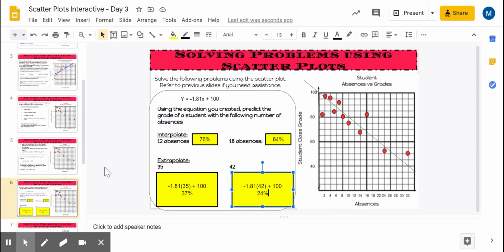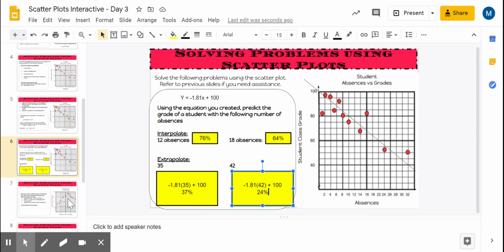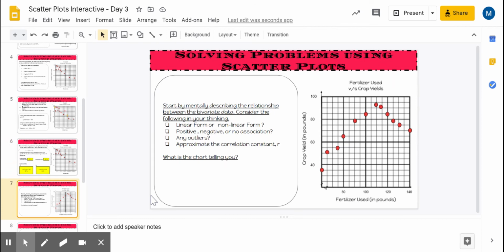All right. So let's go ahead and move on to slide 7 and see what that's all about. So now we're just looking at this, which there's not going to be a way to actually make predictions about. It says, we'll start with our little mental relationship.